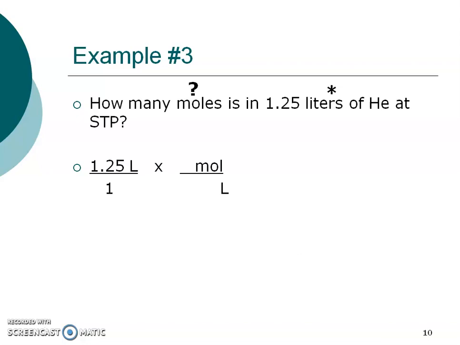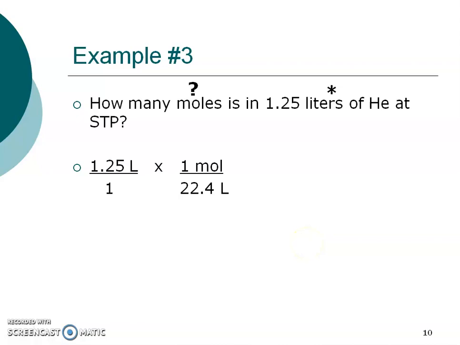Again, what number goes with moles no matter what? 1. And in this case, 22.4 goes with liters. So I'm starting at a different unit going to moles, so I will be dividing those 2 numbers. And again, you might want to do it in order: 1.25 divided by 1 times 1 divided by 22.4, just so you don't do it the other way around.